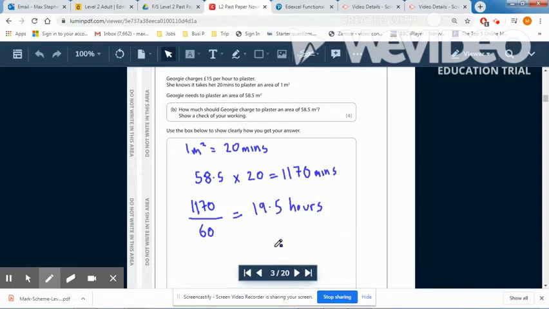And then if we look at our rate, it's £15 per hour. So the last thing we have to do is say 15 times 19.5. If we work that out, our calculator is going to show 292.5. Again, it's money, so we have to remember a pound sign and the 0 at the end. And that's our final answer.